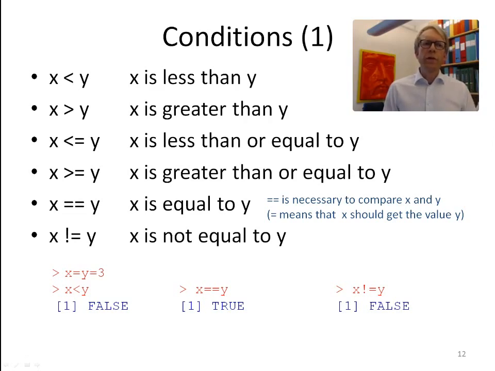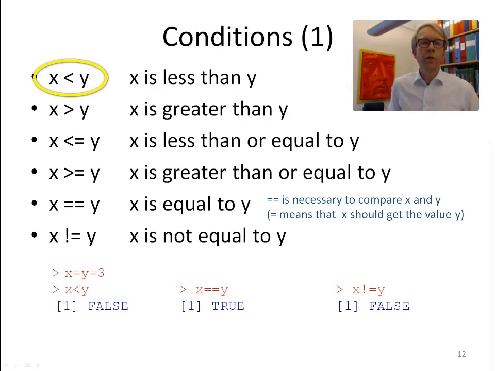So what conditions are there? Basically, at least the most usually used ones are those that I have listed here. The idea is that you use the condition command and then you get feedback returned from R, and the feedback is an answer to the question, is this condition true or false?